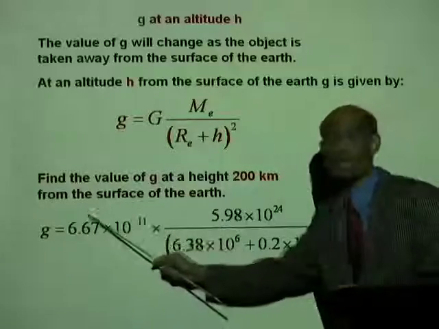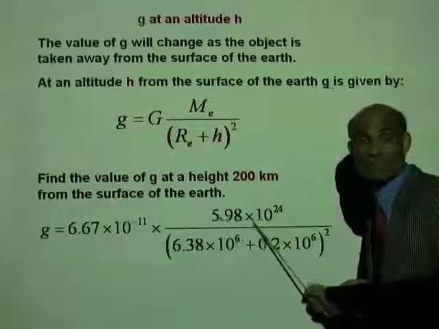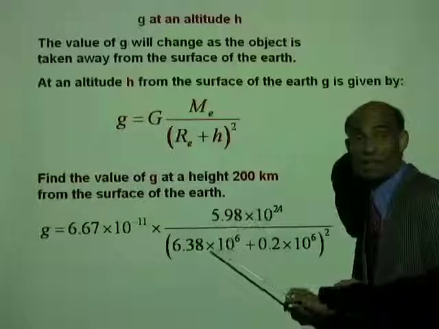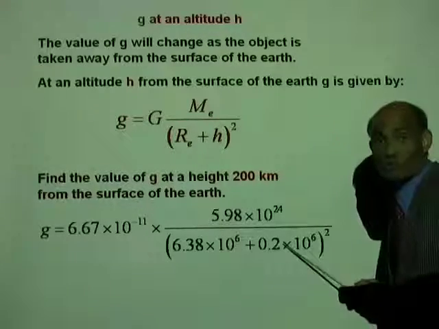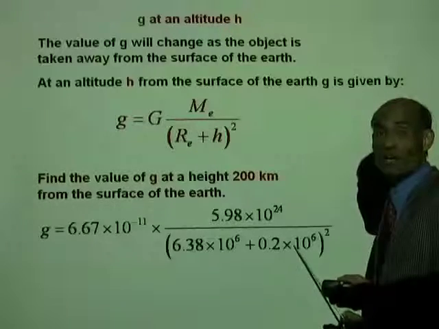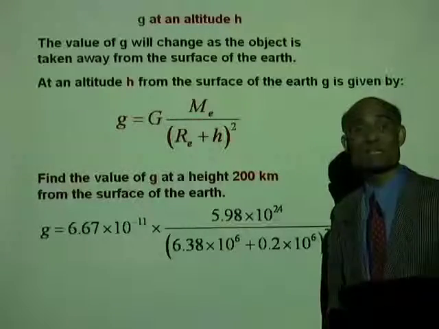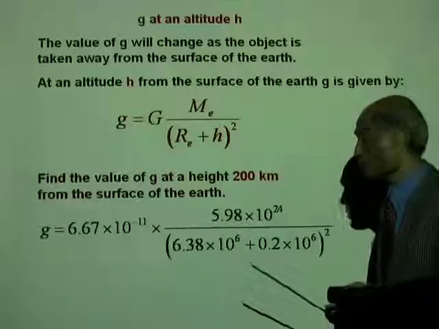Let's put all those things there. 6.67 times 10 to the negative 11 times mass of the Earth divided by radius of the Earth plus the altitude, 200 kilometers, which is 0.2 times 10 to the 6 meters. Alright, can you use your calculator to work out what this is?